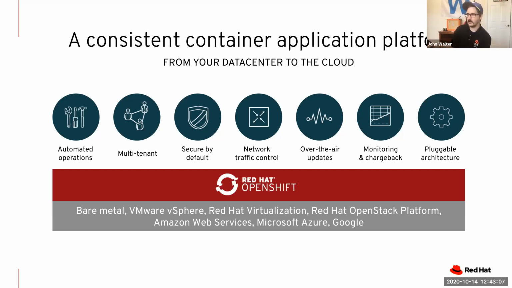You can see some of the features here: multi-tenancy, secure by default, which we just talked about a little bit, and over-the-air updates, the ability to update the platform and the underlying OS with the push of a button. We want it to be as easy to update OpenShift and the underlying OS as it is to update your iPhone.